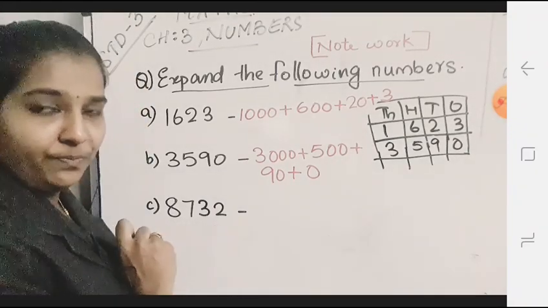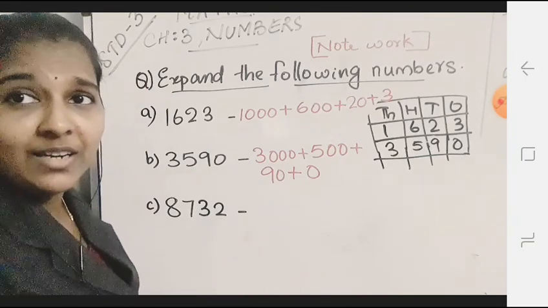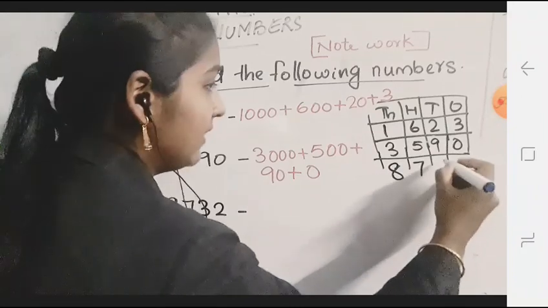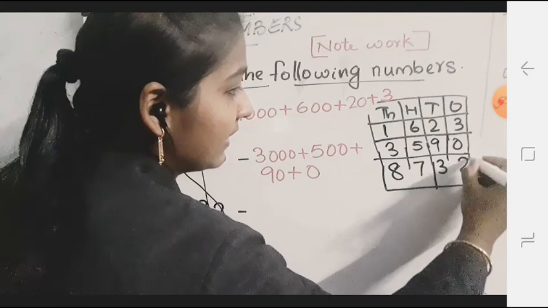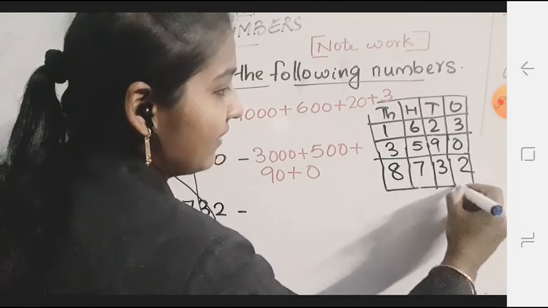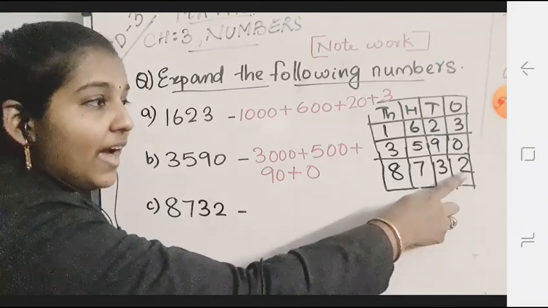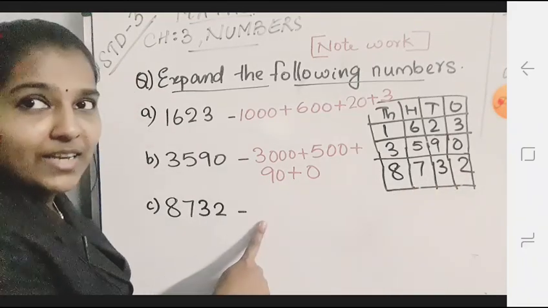8732. So let's write this in the place value chart. So 8, 7, 3, 2. 8 is in thousands place, 7 is in hundreds place, 3 is in tens place, and 2 is in ones place. So let's write the expanded form.